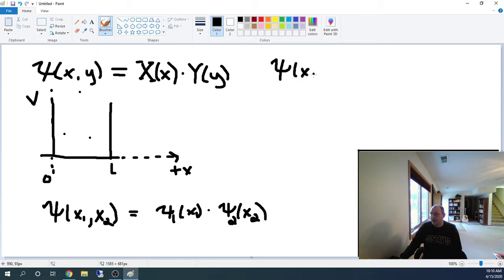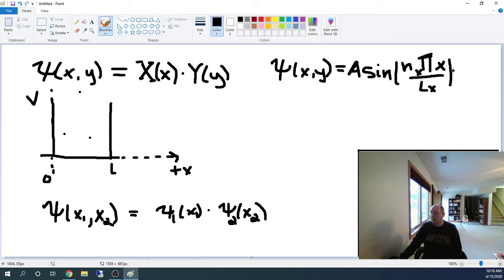So the wave function psi of x and y looks something like this: there's a constant in front, and then the sine of n sub x pi times x over L sub x, which gets multiplied by the sine of n sub y pi y over L sub y.